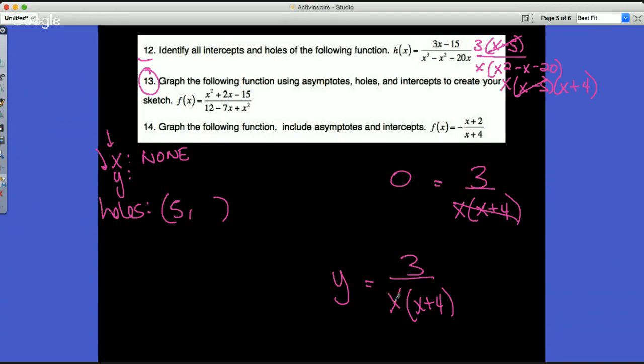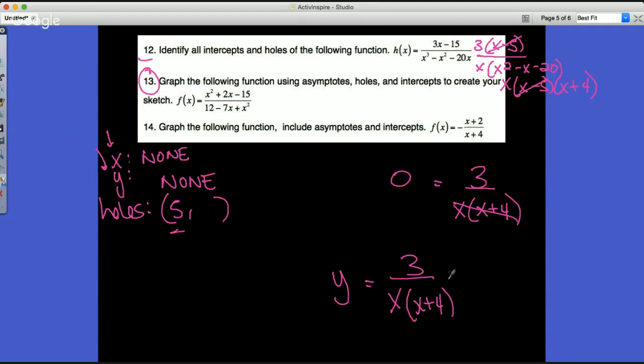Either way, if I plug 0 in for x, we should note that in both cases there will be no intercepts for y, because x times x plus 4 gives 0, and 3 over 0 is undefined, which is none. Please don't put undefined on the test. Please put none. That's really the correct answer there, and make sure you put it in the regular point form.